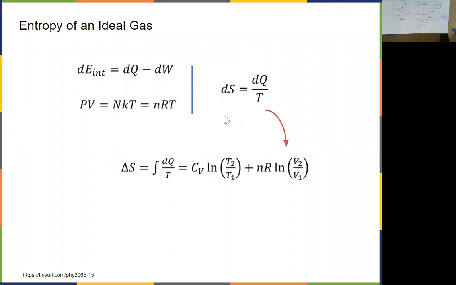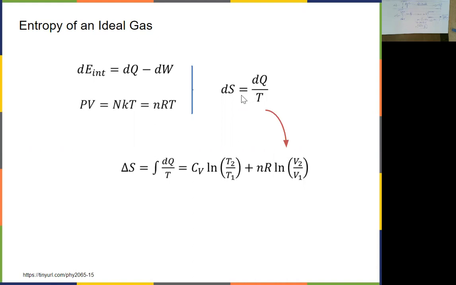we are going to take a look at entropy change of an ideal gas. For ideal gas, you can apply the first law of thermodynamics. Change in internal energy is equal to change in heat minus change in the work done by the gas. Also, PV equal to nRT or nKT would apply here. So dS, according to the definition, equals dQ over T in this case.